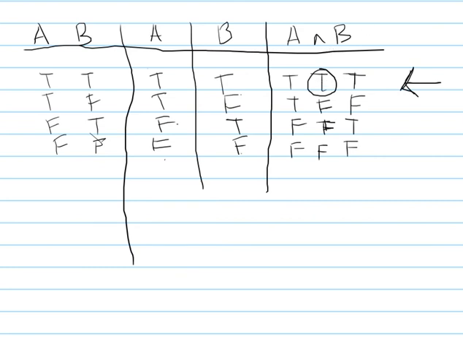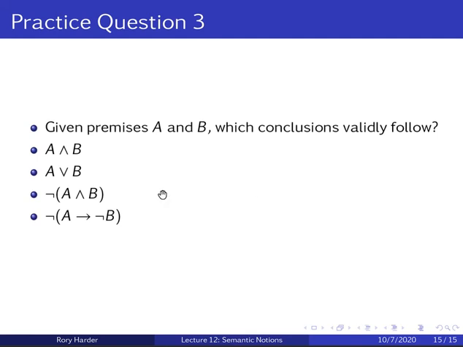That's how we know that the argument from premises A and B to the conclusion A and B is valid. Now you can construct similar truth tables where, instead of A and B as a conclusion, you plug in these formulas, and then look and determine whether they work as valid conclusions to the argument.